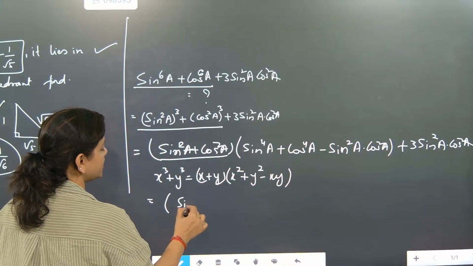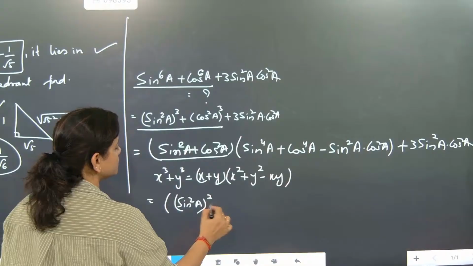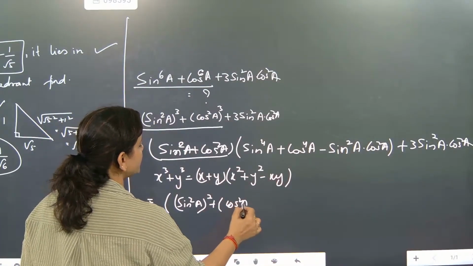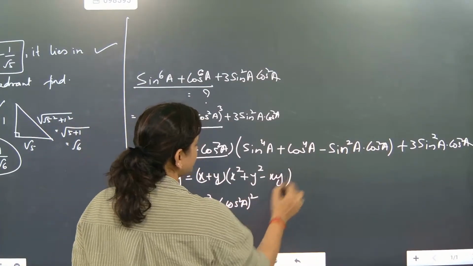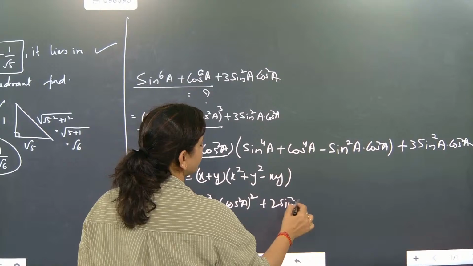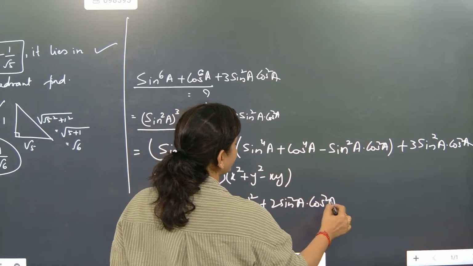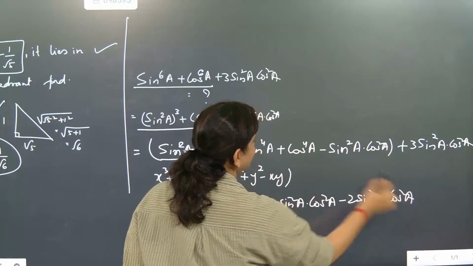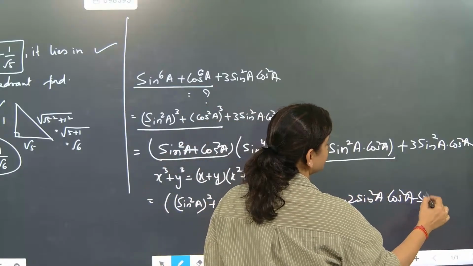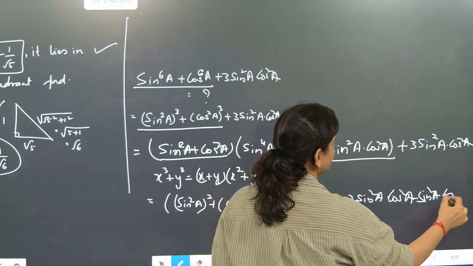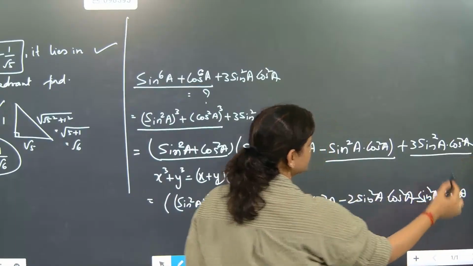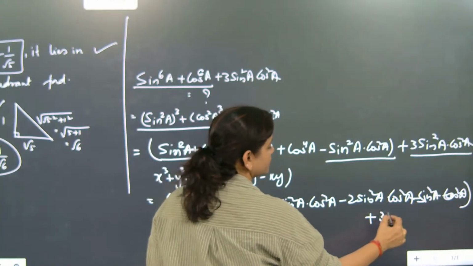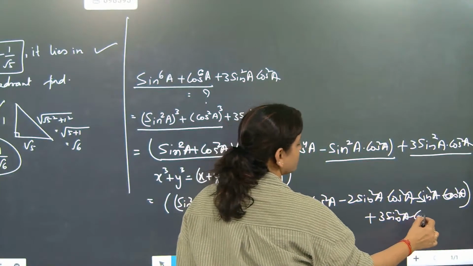So here it comes as sin square a whole square plus cos square a whole square. Then we add 2 sin square a cos square a and also subtract 2 sin square a cos square a. Already there is minus sin square a cos square a, and outside it is written as 3 sin square a cos square a.